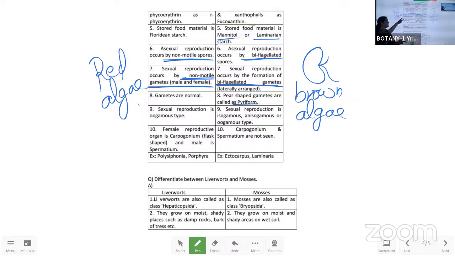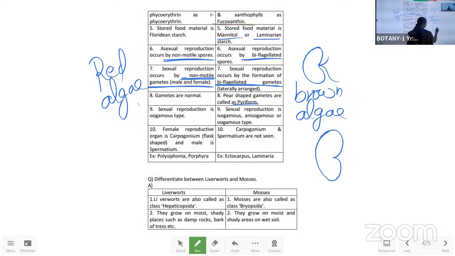The gametes have the normal shape in the red algae. There is no specific shape in the red algal members. Whereas in the brown algae, they are pear-shaped and called pyriform. Whenever it is pyriform, the gamete will be like this. On one side it is oval, somewhat projecting, with a curve, and a groove will be present on the other side.